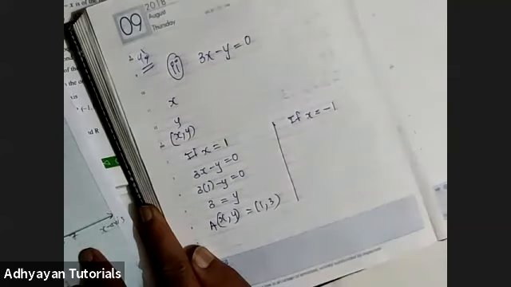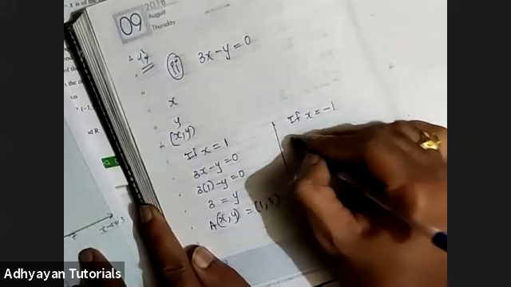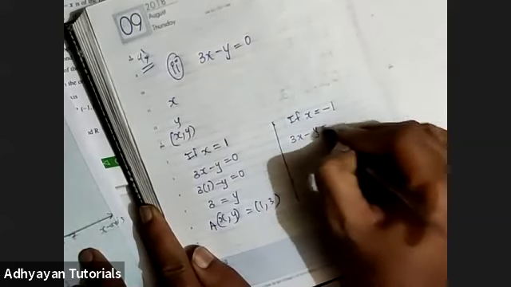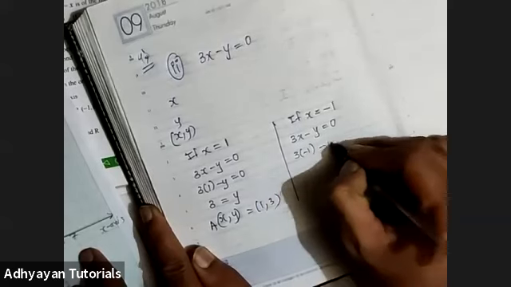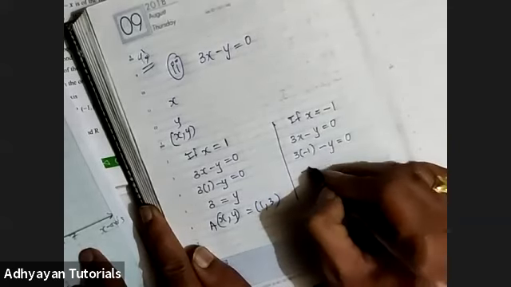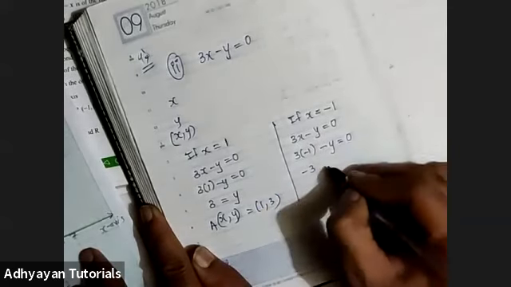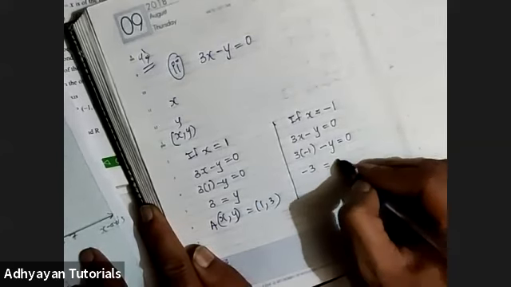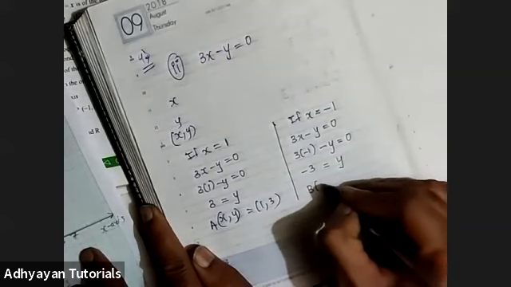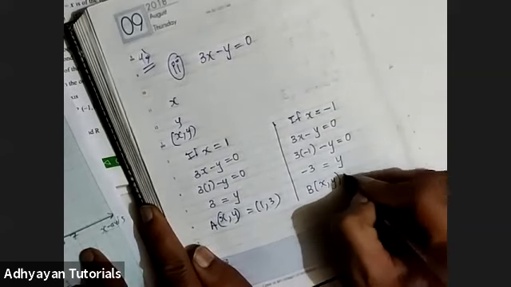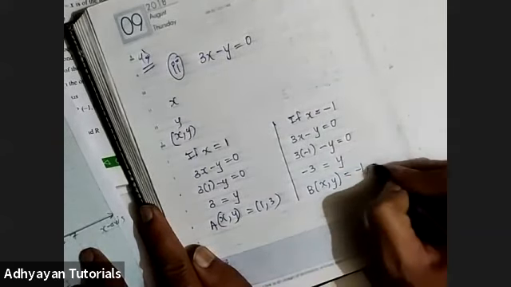Next, if x is equal to, let's say, minus 1, then 3x minus y is equal to 0. So 3 into minus 1, minus y is 0. 3 into minus 1 is minus 3. The y goes to the right hand side and becomes plus y. So this time, let's say the point is B, x comma y will be minus 1 comma minus 3.